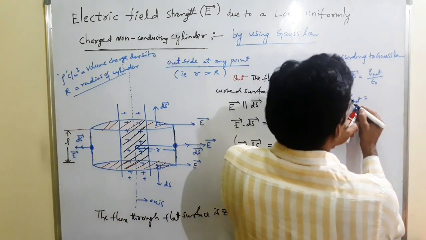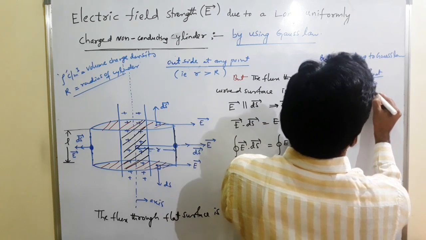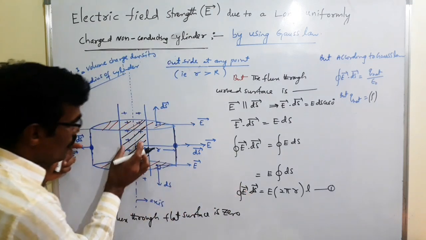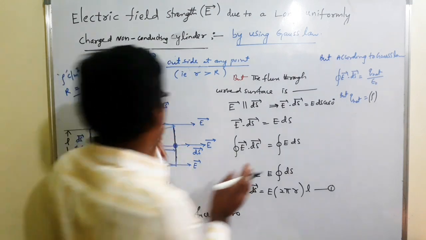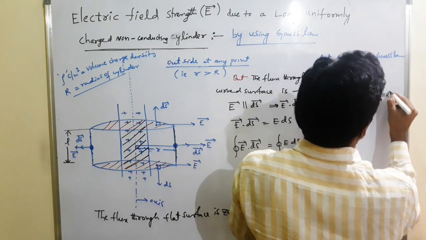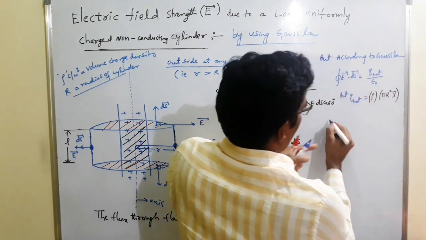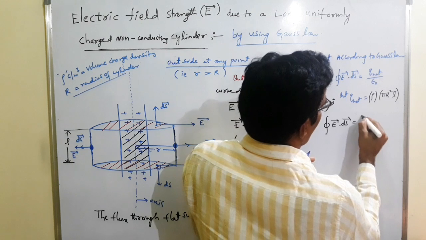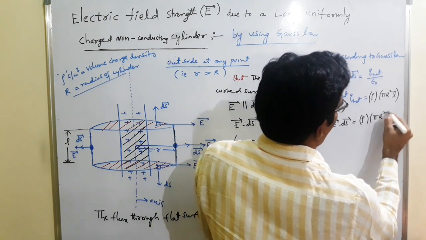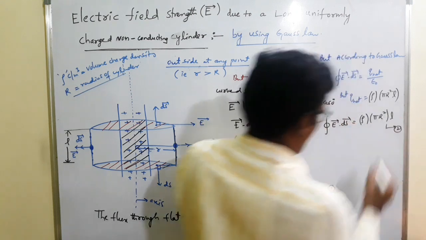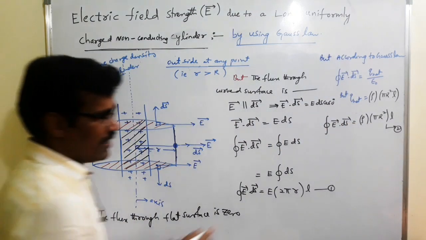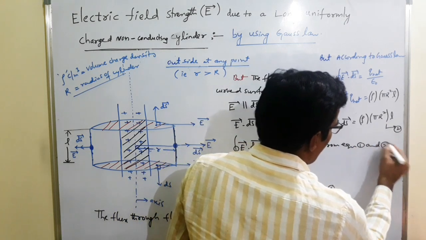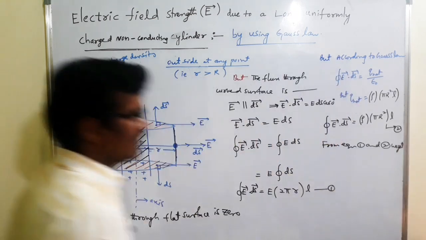So the net charge is the volume charge density rho times the volume of that cylinder, whose length is L, that is pi capital R square L. Substituting, integration E bar dot ds bar equals rho into pi r square L by epsilon naught. This is equation 2.